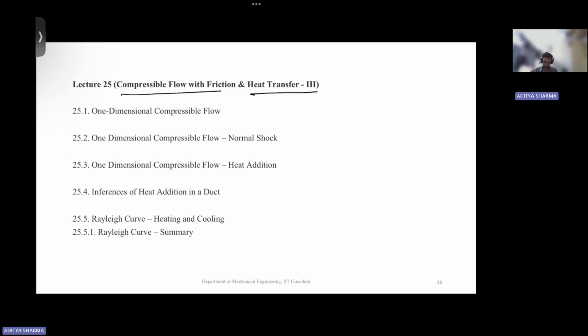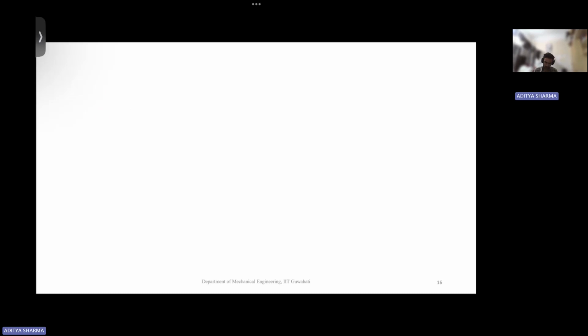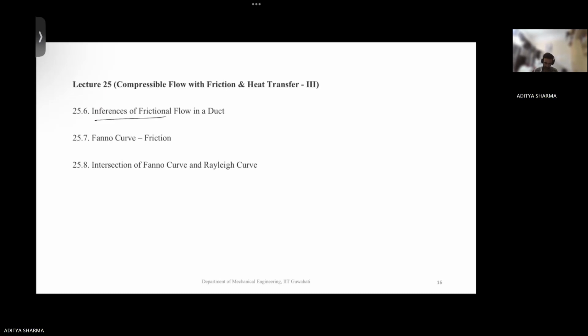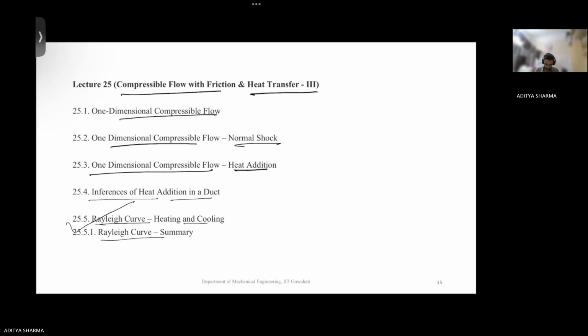So, last lecture of the session. Here a Rayleigh curve has been discussed, then Fanno curve.